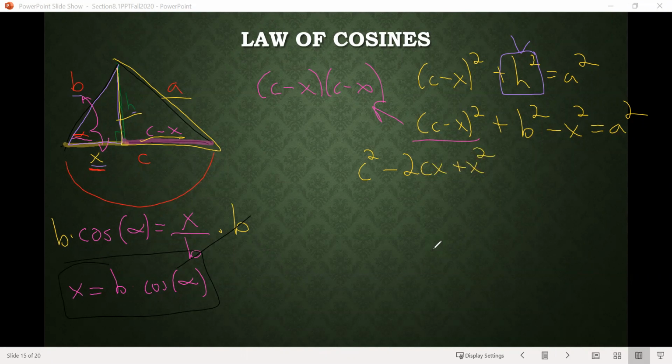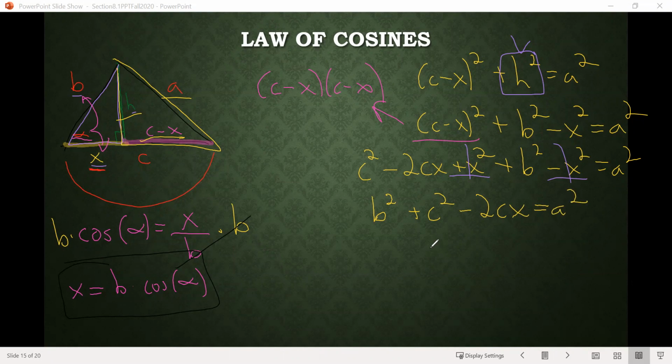You can double check me on that. Plus b squared minus x squared equals a squared. And notice here we have a minus x squared and a plus x squared. We can cancel those out. I'm going to rewrite the left-hand side in alphabetical order. So I'm going to put the plus b squared first, add the c squared, and then minus 2cx equals a squared.